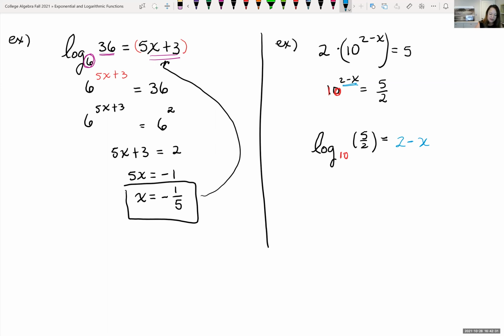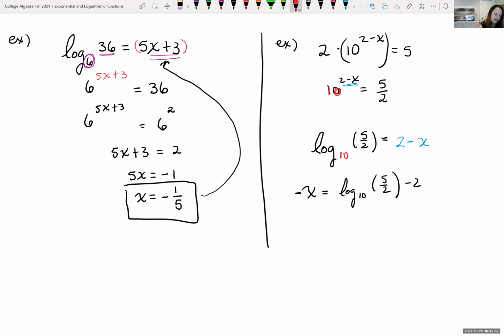We're almost there. We can get x by itself. We could subtract 2 and then multiply by -1, or I could add x to both sides and subtract this log. Either way, we'll get the same result. So we get -x equals, let's subtract 2, log base 10 of 5/2 minus 2.